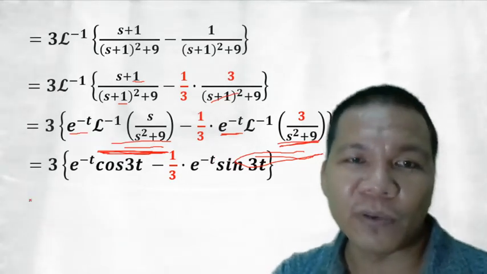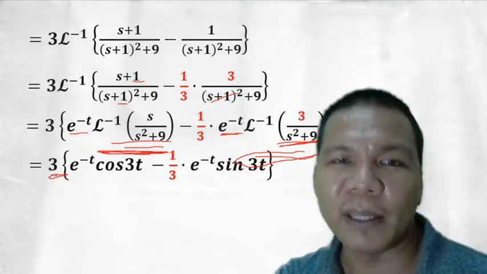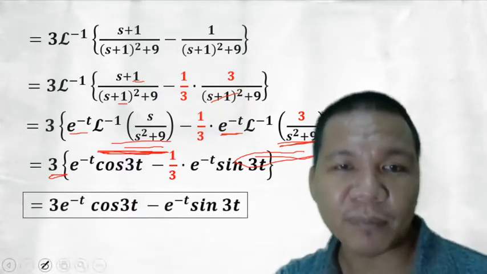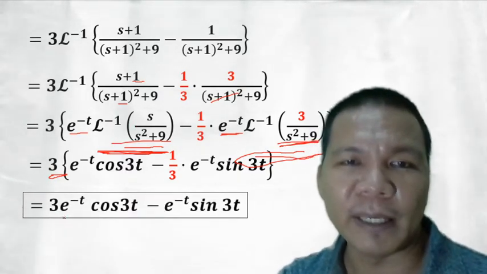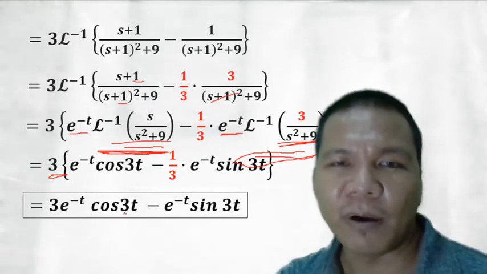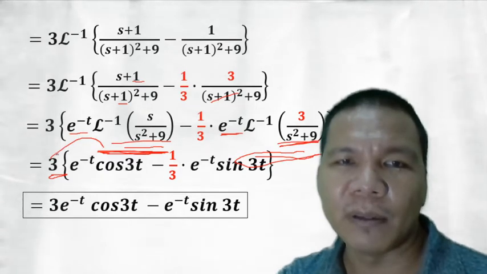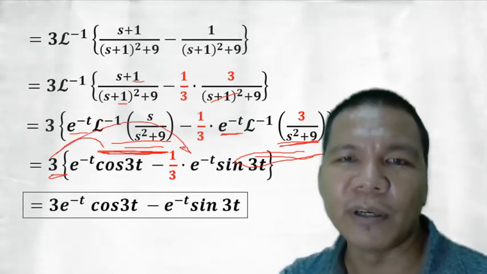And then what are we going to do next? We need to simplify it further, so that becomes 3 multiplied by e raised to minus t multiplied by cosine 3t. Take note, we distributed 3 to each of the terms.